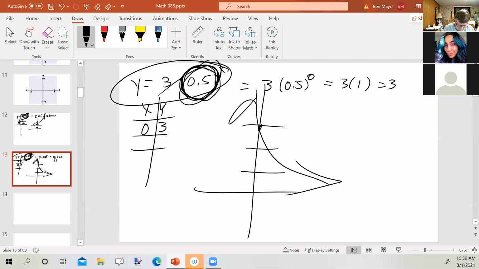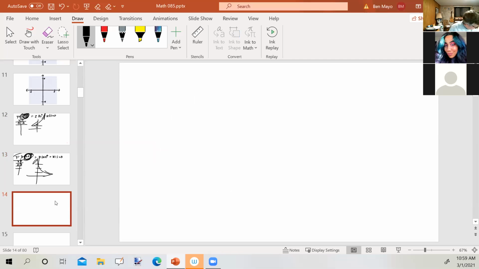All right. Now, let me ask you this. F of n equals 650 times 0.94 to the n power. What's the y-intercept or the f of n intercept for this function?